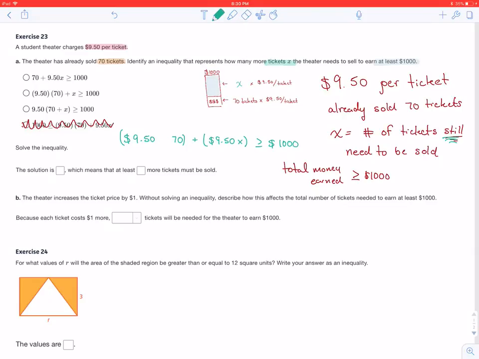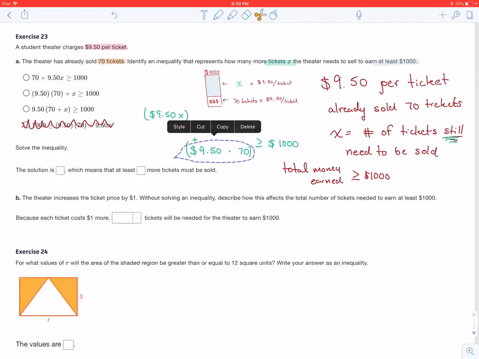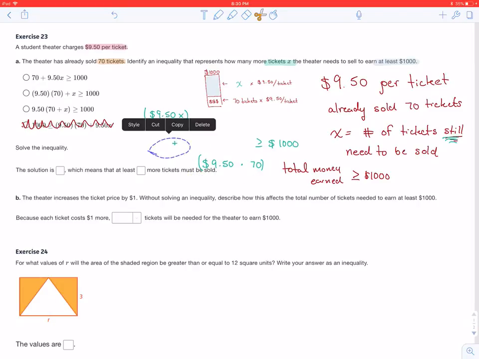Now the thing to notice here, and I'm going to change this multiplication sign to a little dot, is that we have 9.50 in both of our expressions that we're adding together. I'm going to rearrange this a little bit, and then maybe you'll see something familiar.